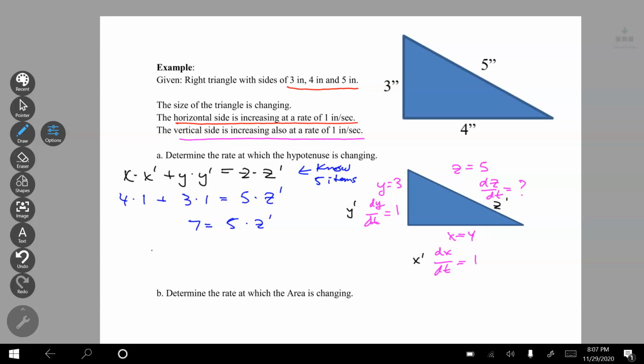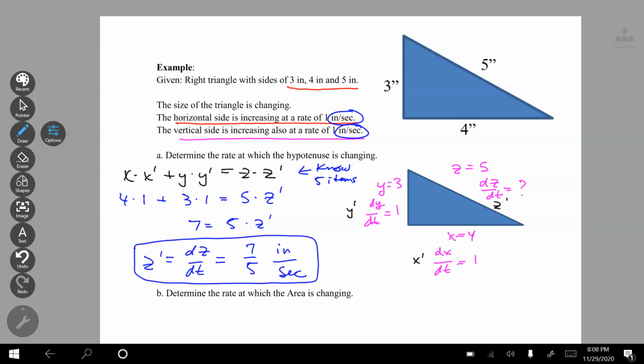I divide by 5, and I get z prime, or dz over dt, is equal to 7 over 5. And my units, I need to make sure I have my units. And since these were in inches per second, side z is also inches per second. You could leave it as a fraction. If you want to write it as 1.4, you can write it as 1.4.